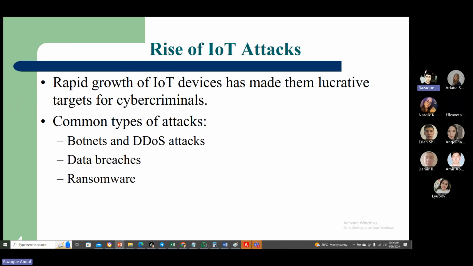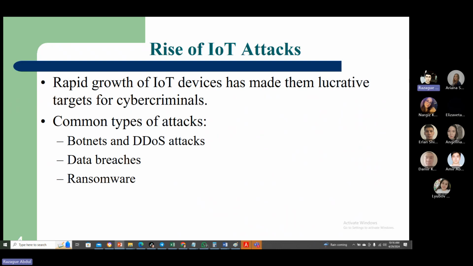IoT botnets have been responsible for some of the largest DDoS attacks in history, including the Mirai botnet attack that happened in 2016. This attack mostly targeted a DNS service provider, and it disrupted internet access of millions of users.